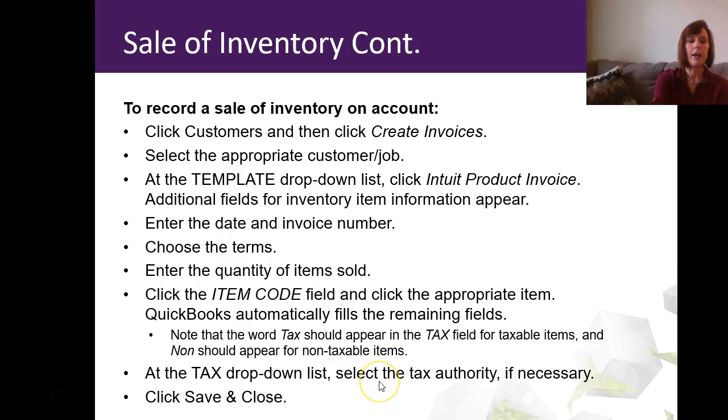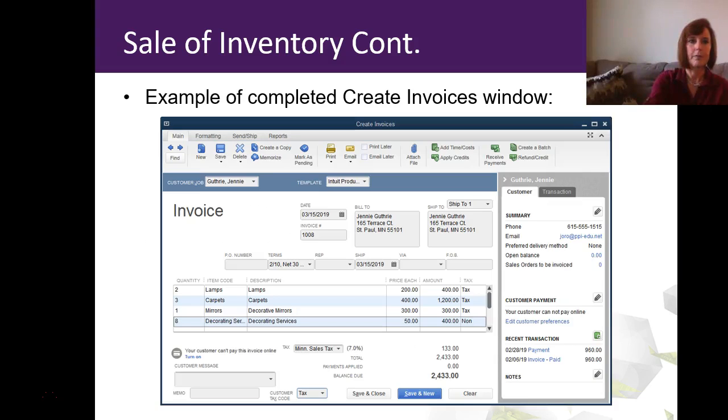And then we may have to select a different taxing authority depending on if we're an e-commerce company and we're selling this to somebody in another state. We're going to have to choose which state, because while QuickBooks is smart, it's not smart enough to necessarily take the delivery address and automatically assume that that's where the item should be taxed. And this is what that will look like.